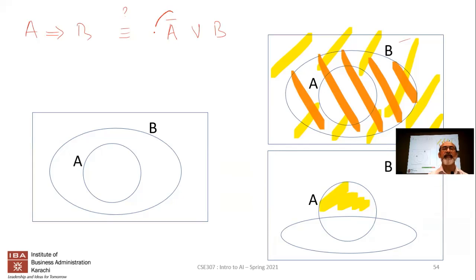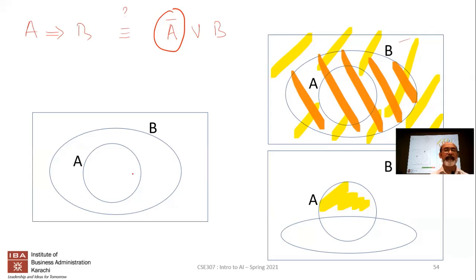Not A ORed with B: not A is all the yellow stuff, and the red stuff is B. You've taken the union of those two. Does that cover the entire universe? It covers the entire universe, right?